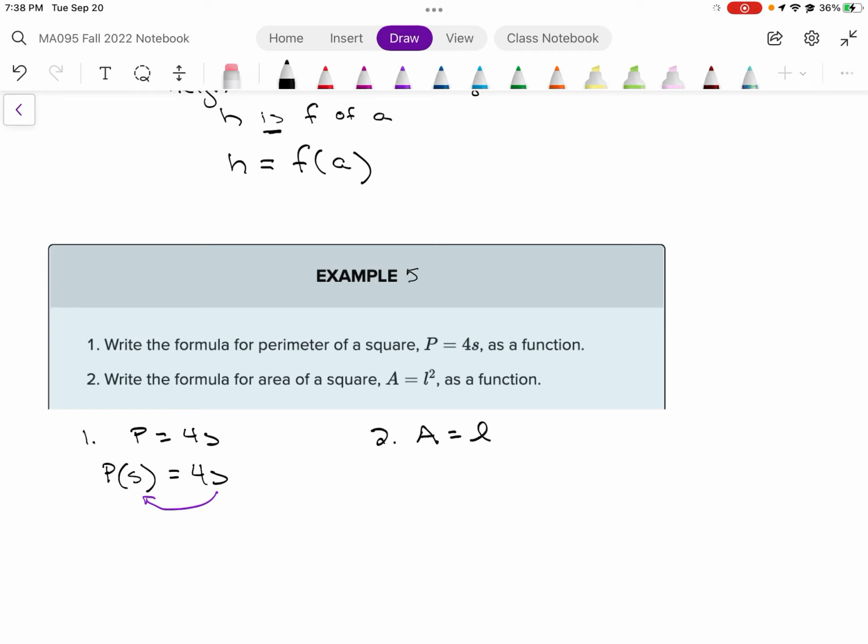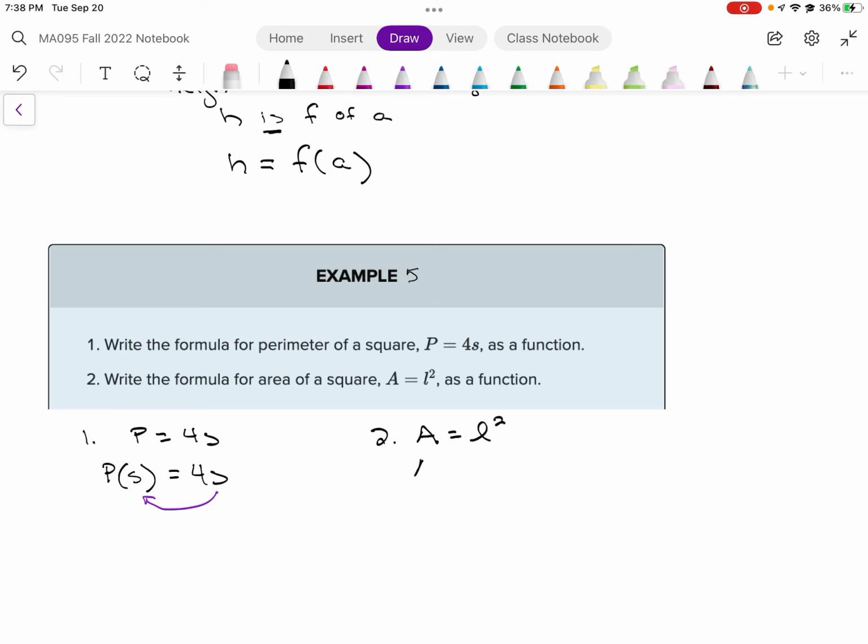So try this one. A equals L squared. So the area of a square is equal to the length of the side squared. All right, so they changed from S to L just to keep you on your toes because you're going to see both. So you've got to be flexible. S could be the length of the side. L can be the length of a side, so either one.